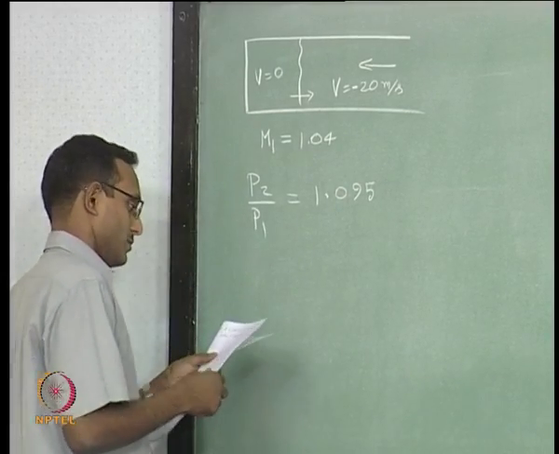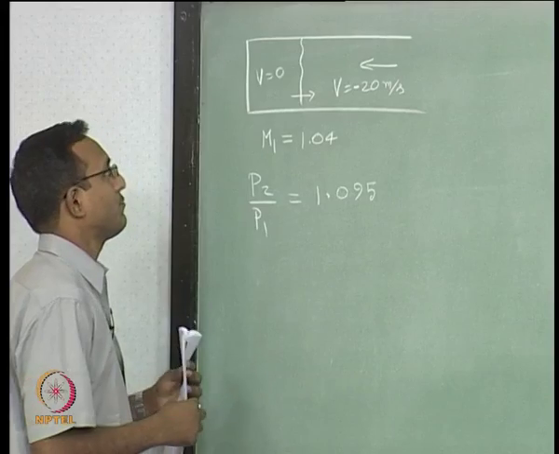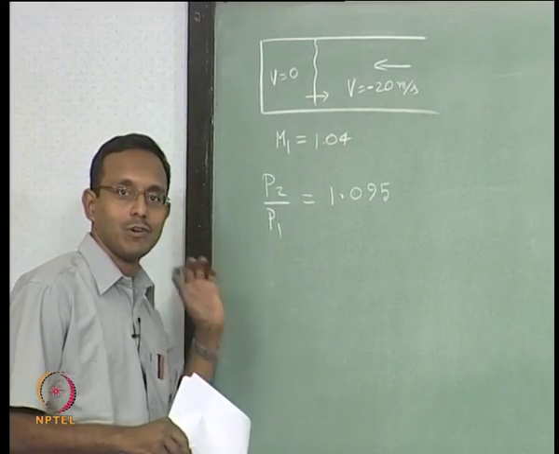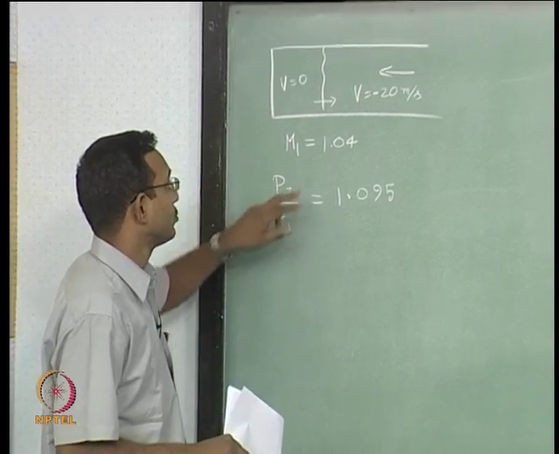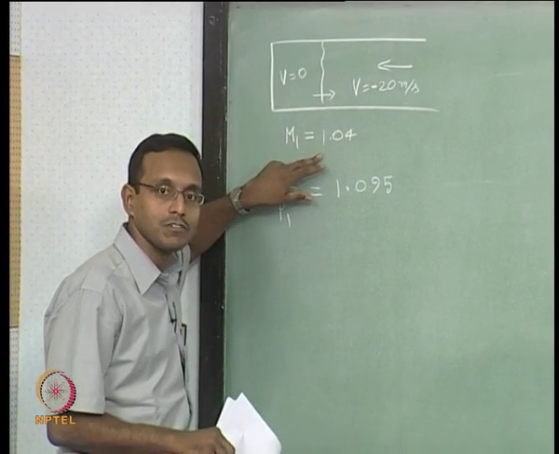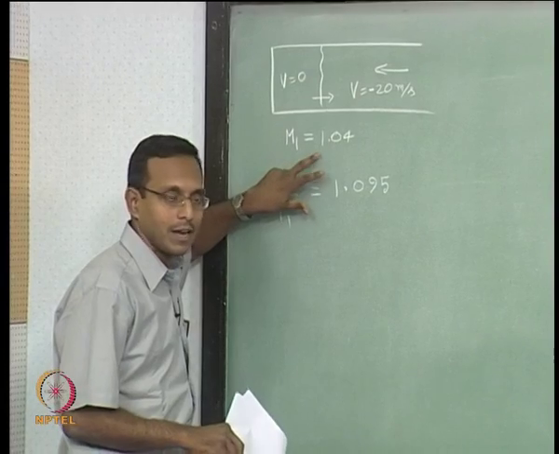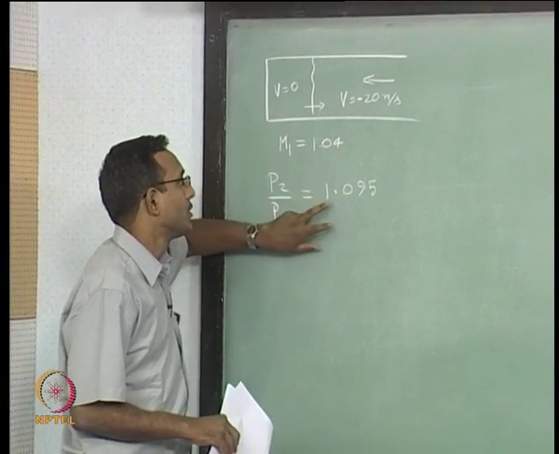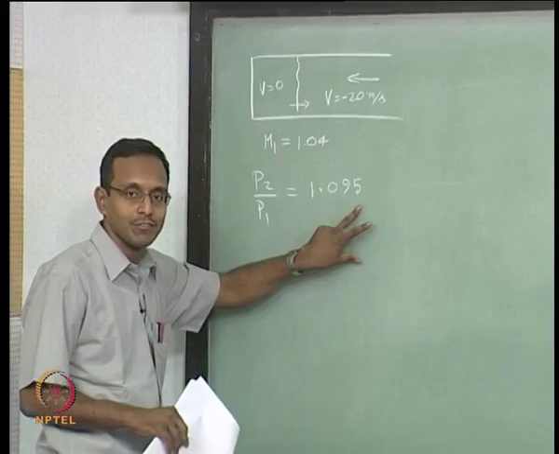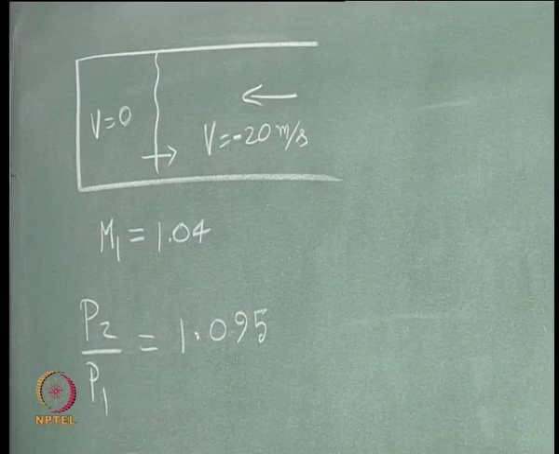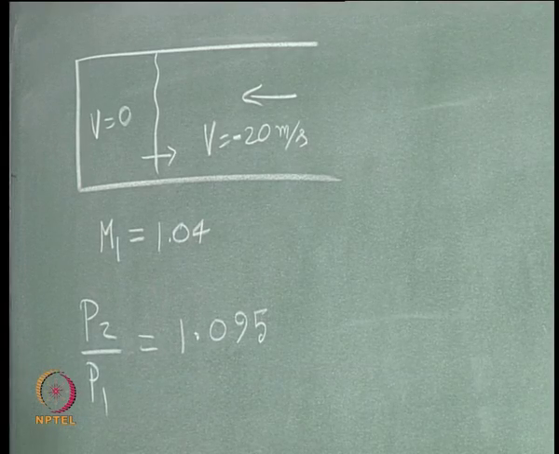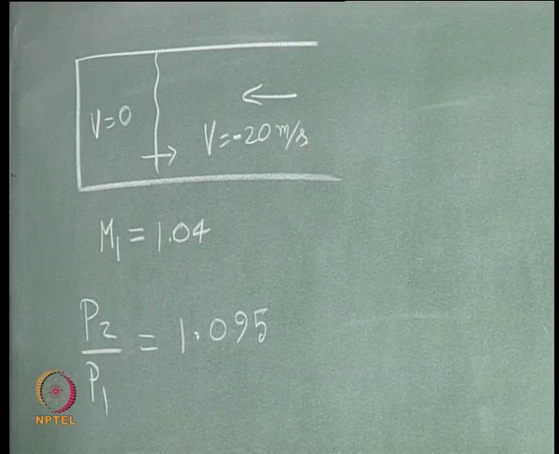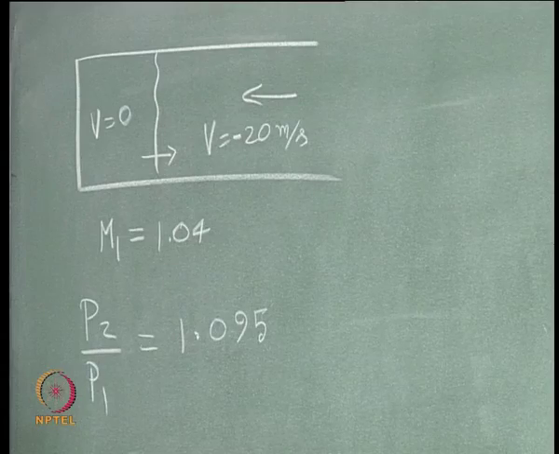So, if I have a 20 meter per second flow in a duct and I suddenly stop it, I am creating a shock which is travelling supersonic, and it is going to have a strength of 1.095. So, the pressure in the duct is increasing by 9.5%, and that is what is causing the flow to come to rest in the duct.